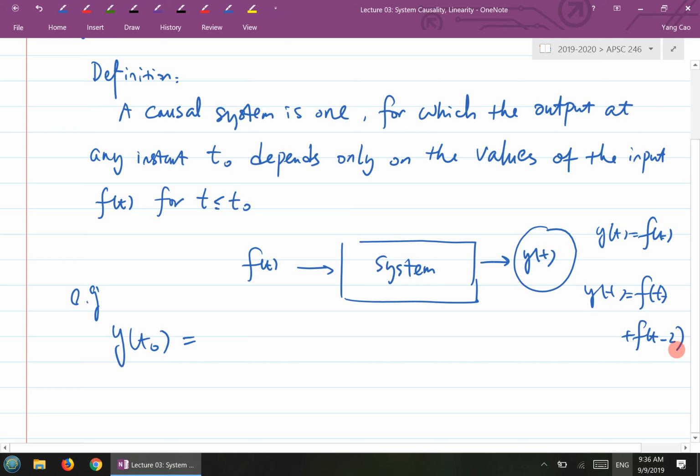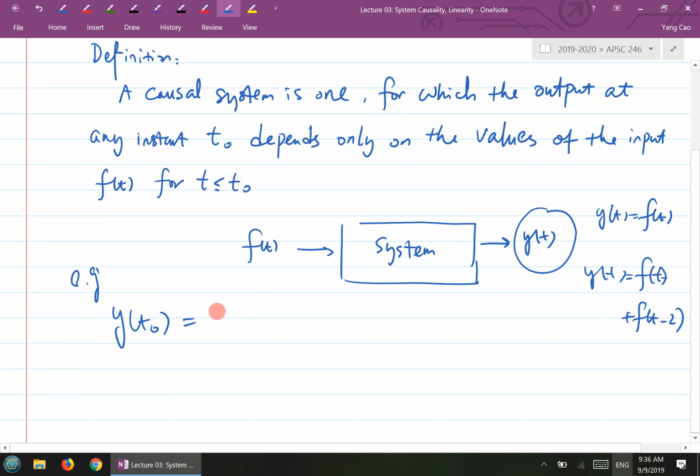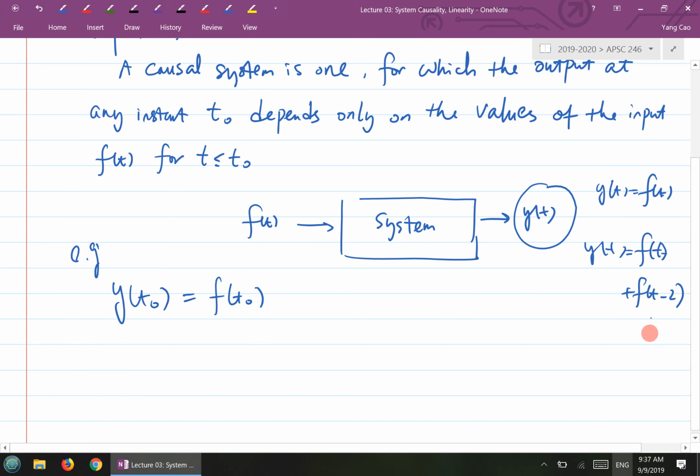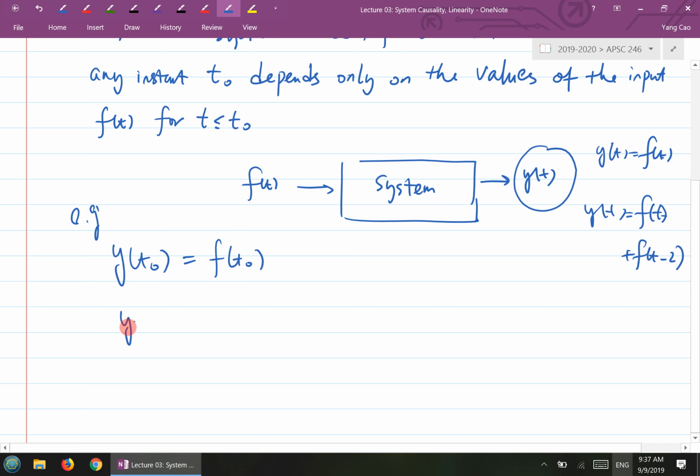Then for the first one, I get y of t naught equal to f of t naught. And for the second, we get y of t naught equal to f of t naught plus f of t naught minus 2. So those are two examples.